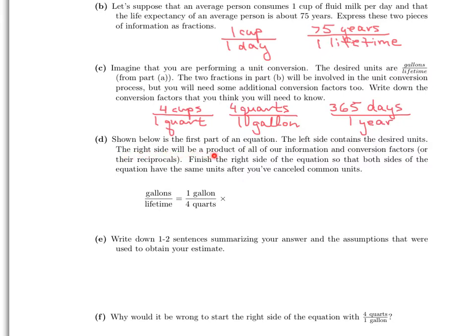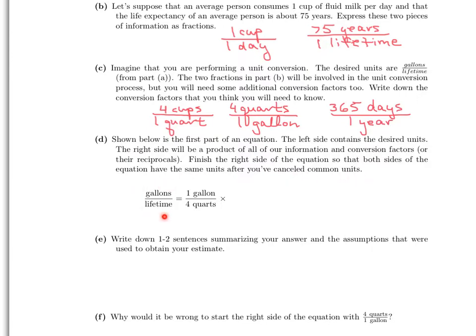The right side will ultimately be a product of our information, that's this information, and our conversion factors, that's these, or possibly their reciprocals. Go ahead and finish the right-hand side of the equation so that both sides of the equation have the same units after you've canceled common units.